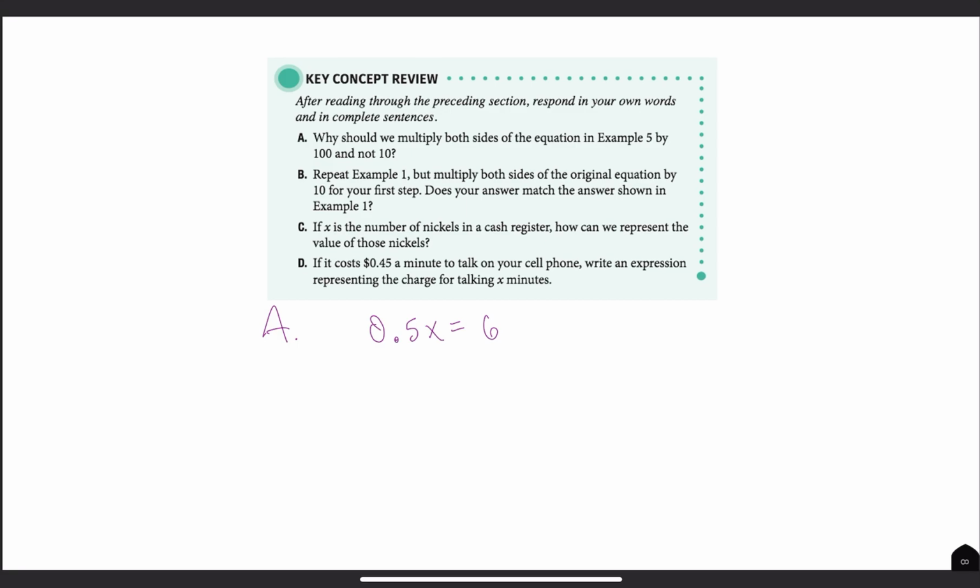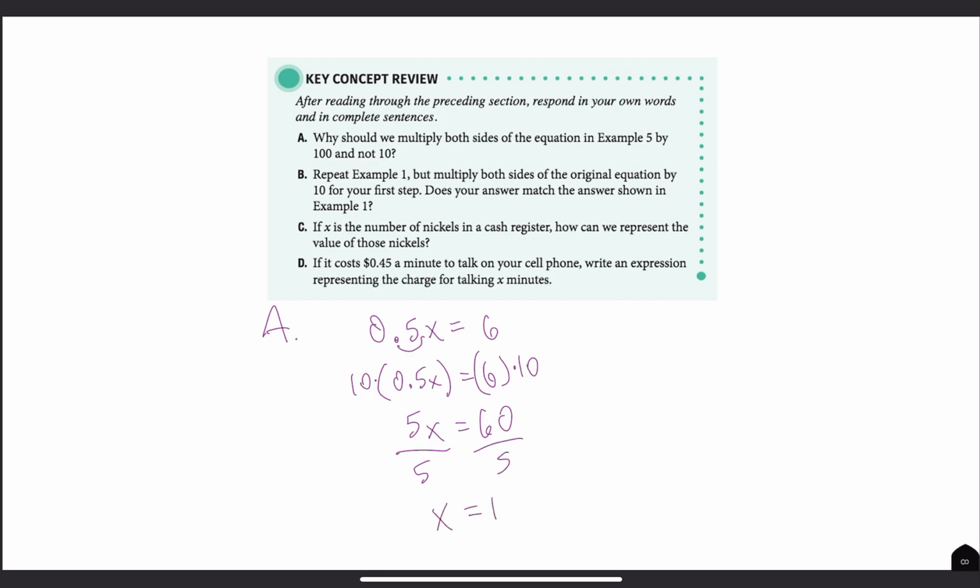So since this is in the tenths place, if I multiply both sides by 10, then 10 times 5 tenths is 5, and 6 times 10 is 60. So I could then solve it this way.